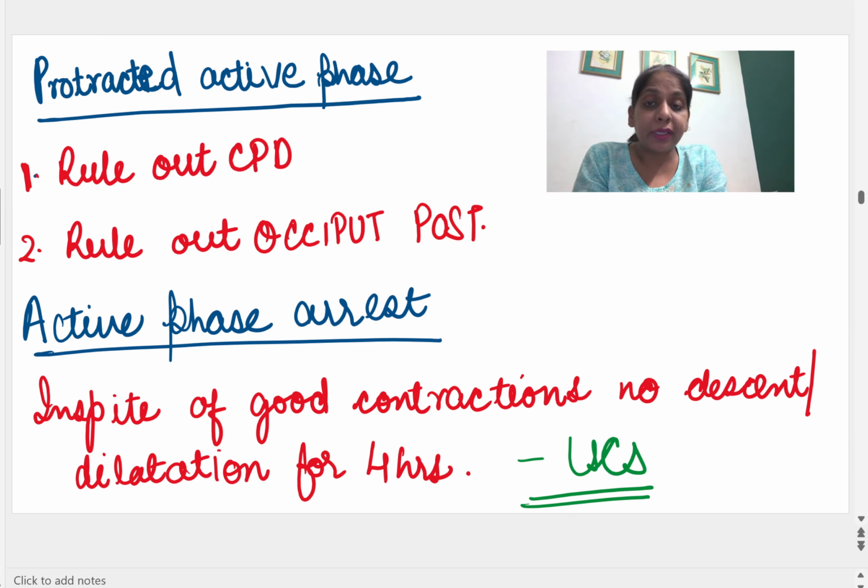What is active phase arrest? Arrest means the progress has stopped. What does the word arrest mean? Arrest means the progress has stopped.